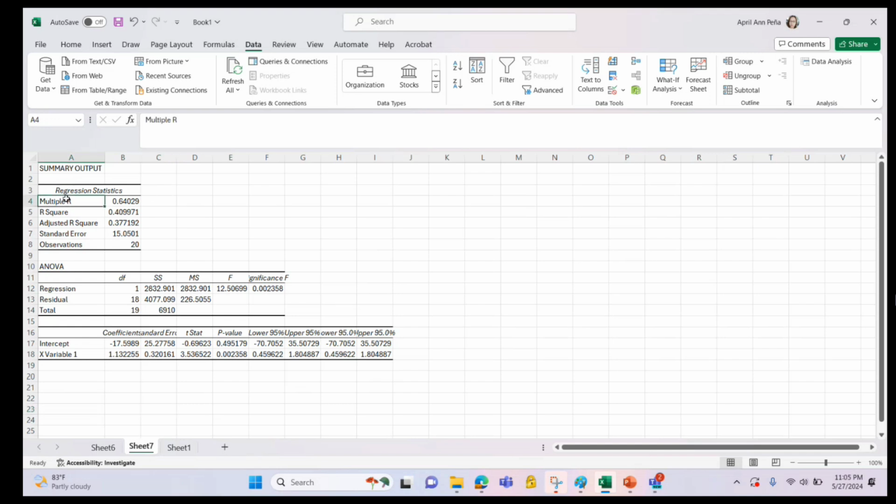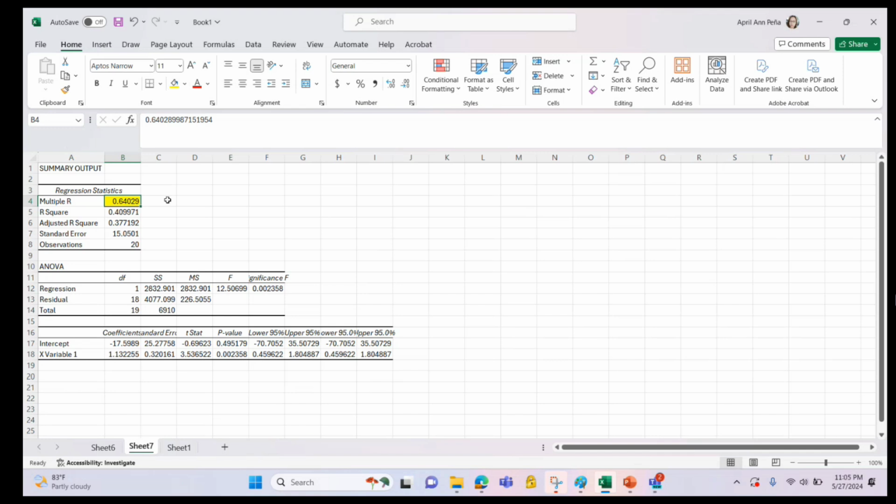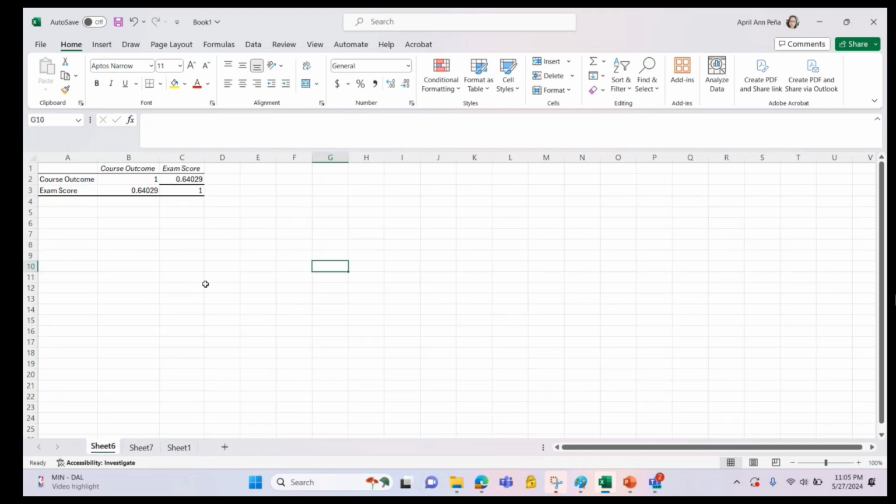For the multiple R, if you notice, we do have here a value of 0.64029. This one, I'll just highlight. This is actually the correlation coefficient. If you notice, on the previous sheet, when we did the correlation, it is the same value here. What does it mean?